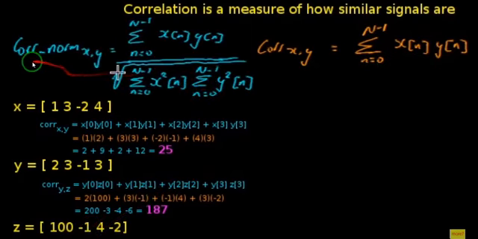You see here that for the normalized correlation of x and y, we have this expression here exactly in the numerator, and within the denominator we have two more terms: the sum of the x to the power of 2 and the sum of the y to the power of 2, and finally the square root of them.